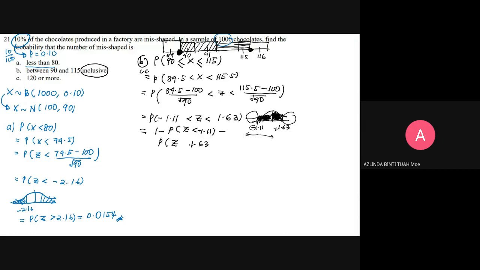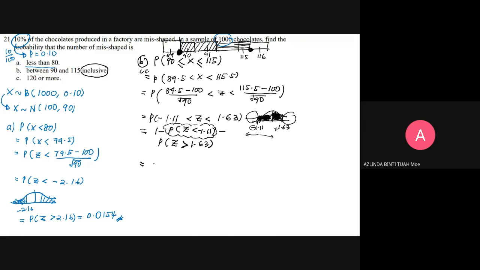Okay, greater than 1.63. Only the part greater than 1.63 can proceed with the table. The part less than negative 1.11 does not meet the table requirement, which must be greater than and a positive value. So we have to do something on this part, Edika. What is it?